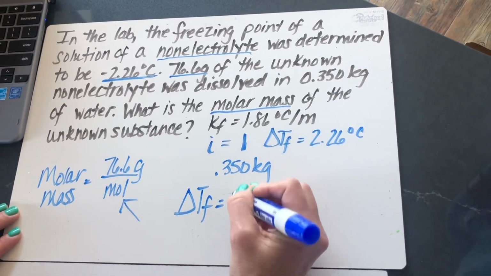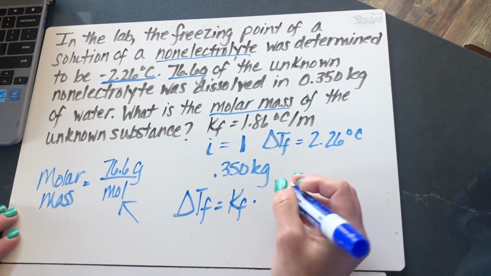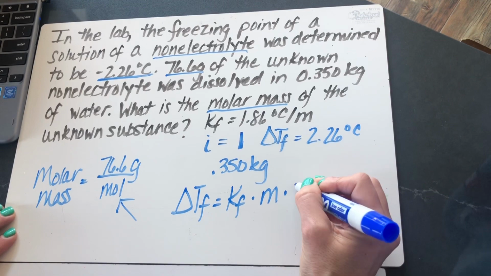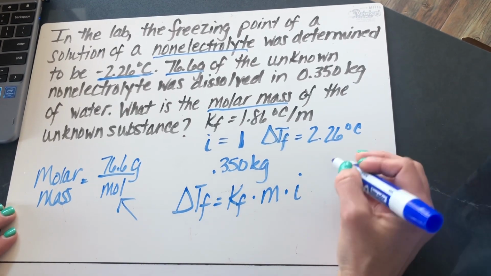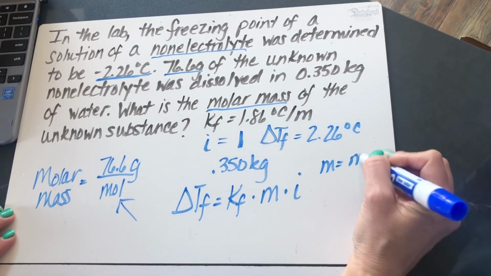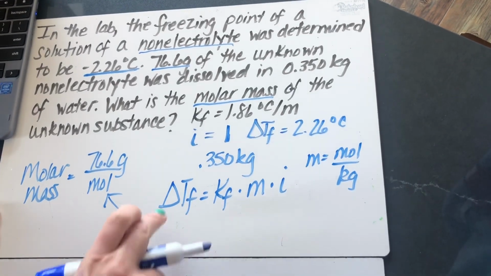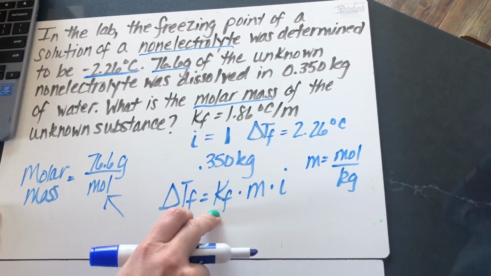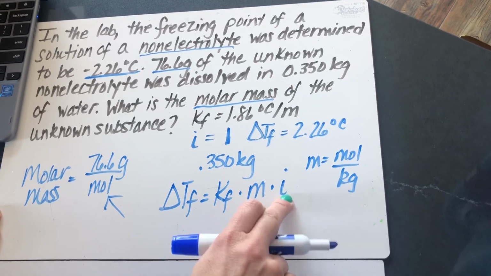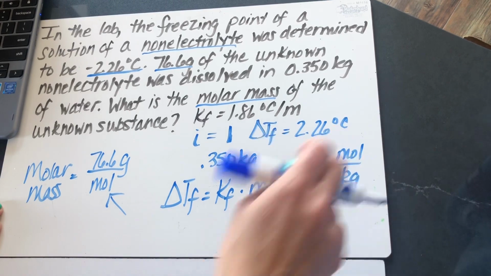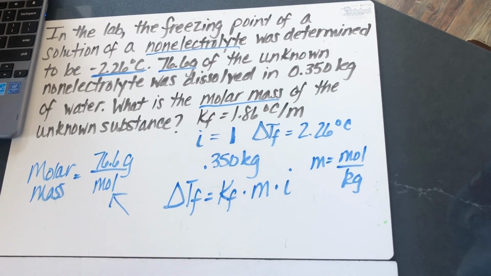Change in freezing is freezing point constant times molality times our i value. And remember that molality is moles per kilogram. So we know change in freezing, we know our freezing point constant, we know our i value, and we know kilograms. So ultimately, we're going to be able to solve for moles here.